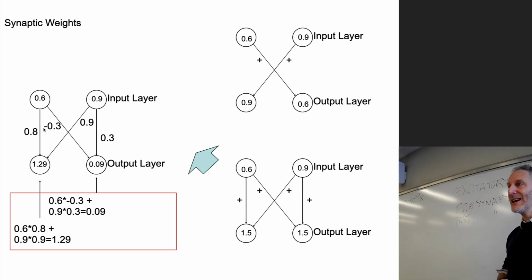Let's talk about the negative for a moment. What does a synapse with a negative weight do? The only thing a synapse ever does is transform values from its presynaptic neuron and supply them to its postsynaptic neuron. But how does it transform it?